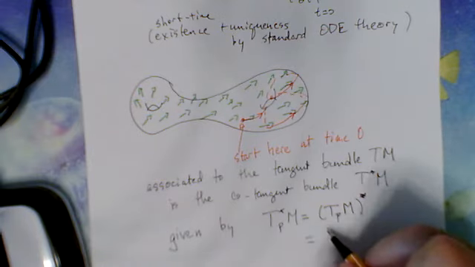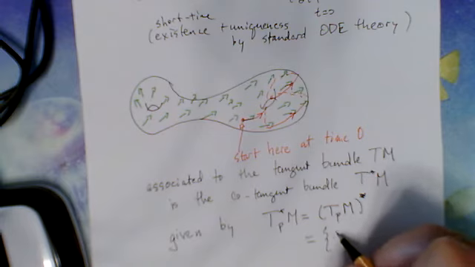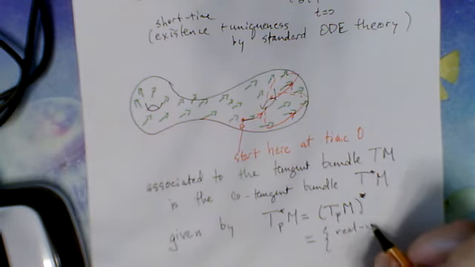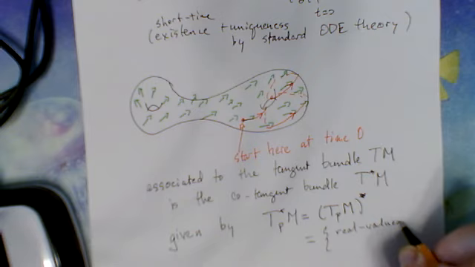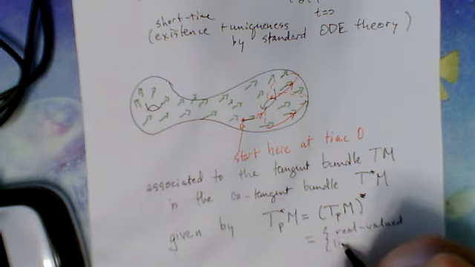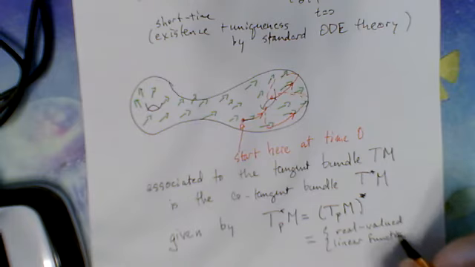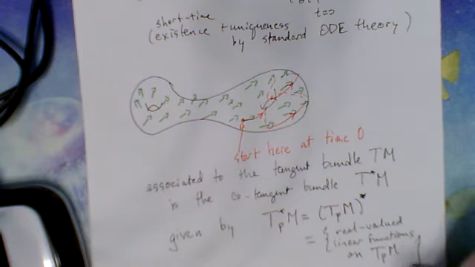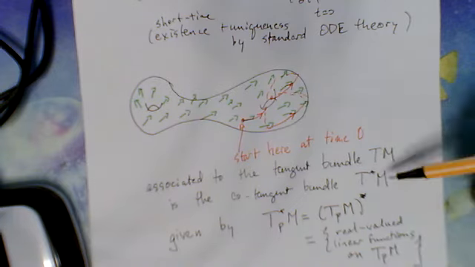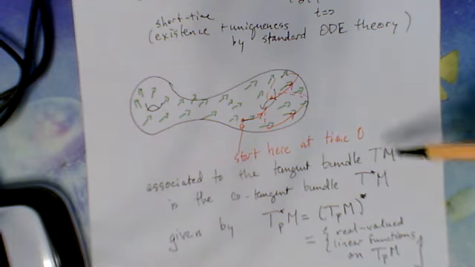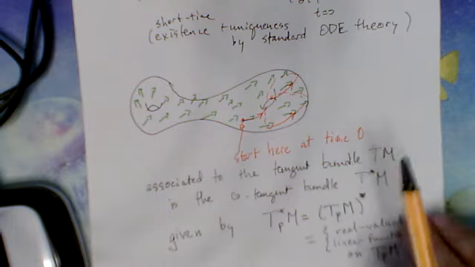This is nothing more than the space of all real valued linear functions on T_pM. And this cotangent bundle is bundled together in the same way that the tangent bundle is bundled together.